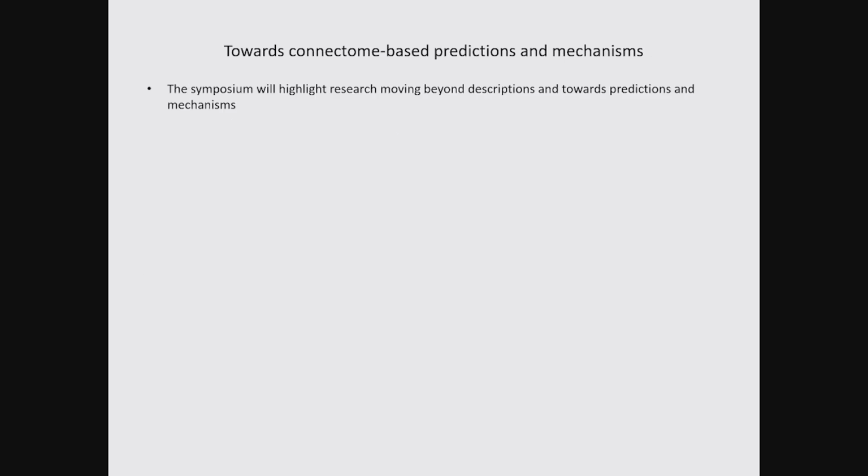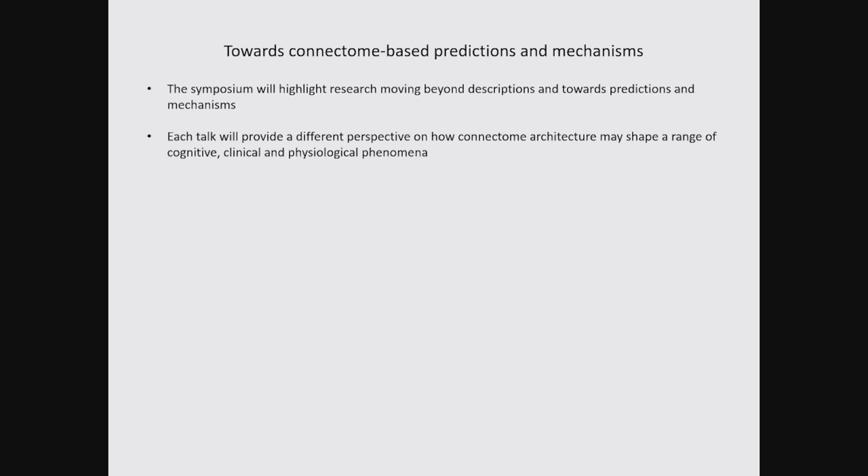So the point of this symposium is to highlight research that's moving beyond mere descriptions of brain connectivity and towards models that are mechanistic, and if not mechanistic, at least phenomenologically predictive of brain function. We're going to hear from a variety of speakers, and we're going to cover how connectome architecture may shape very different cognitive, clinical, and physiological phenomena.